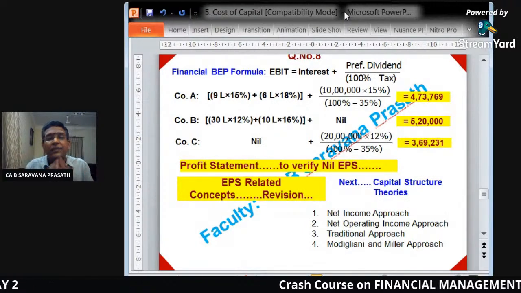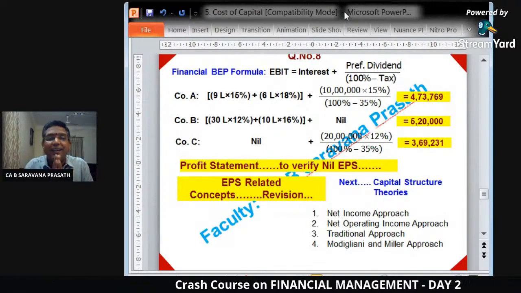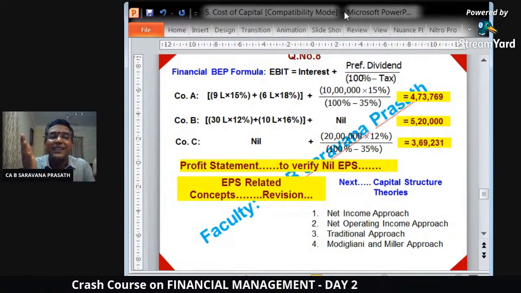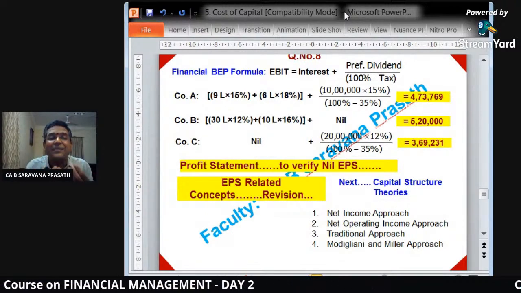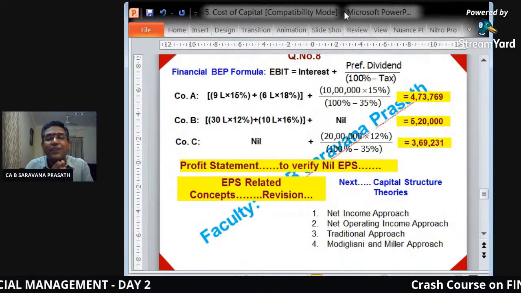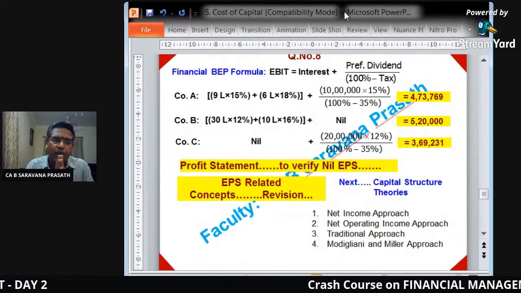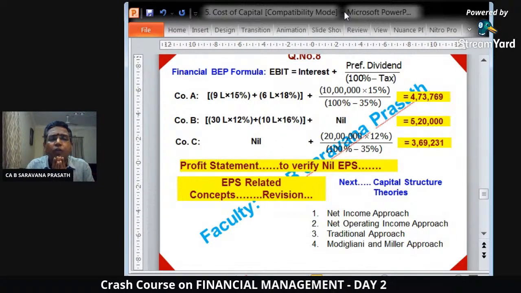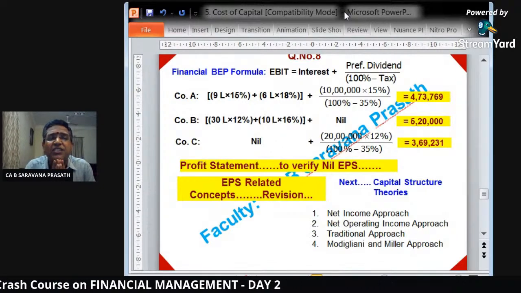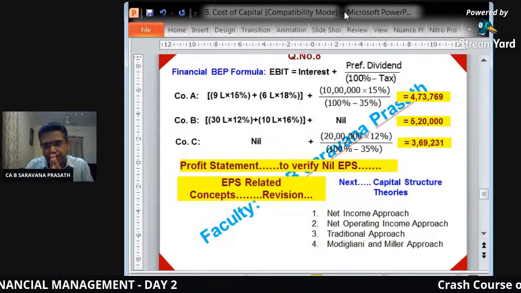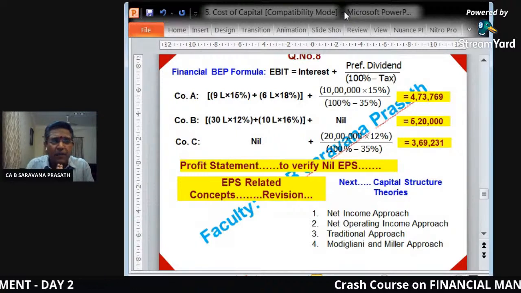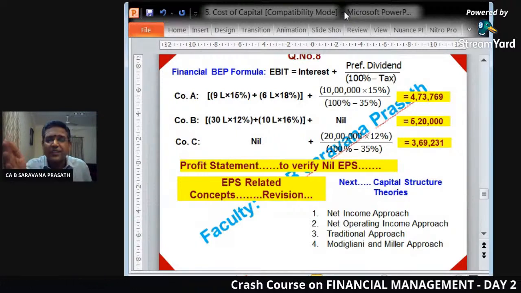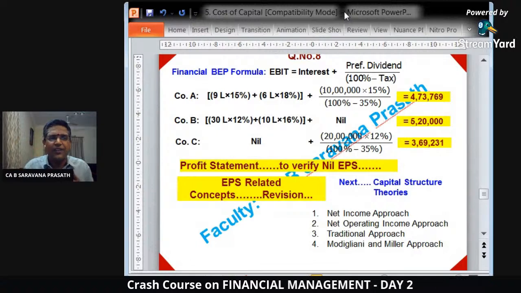So he will be sincerely praying, let the company earn more than these incomes. Only then I will get something. This is the equity shareholders' prayer. So why are you telling all this? Now I will also have to identify which company is more risky. Third company, if it crosses 369, equity shareholder will have some residual earning.